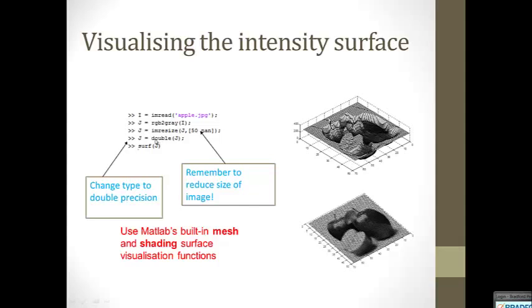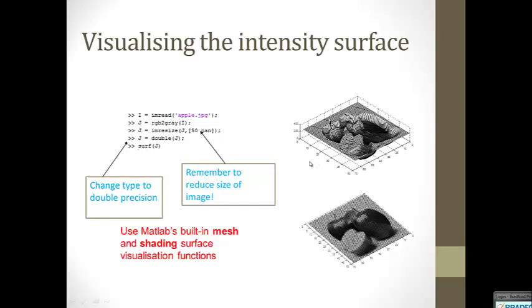Then we convert it to double, because the surface needs the input values to be double. So after this, we create a surface, and you can see what the surface looks like.